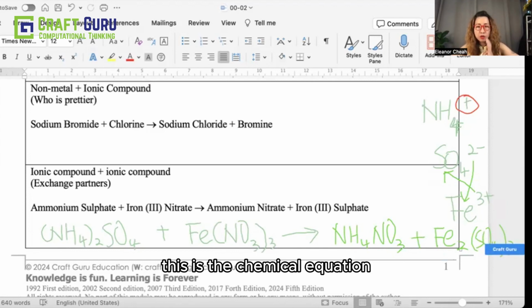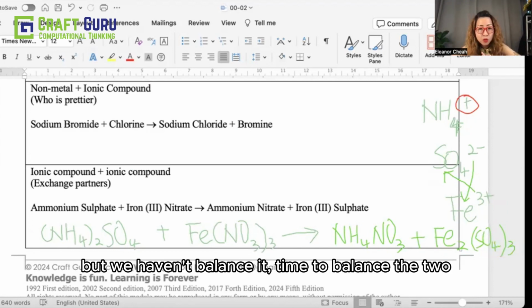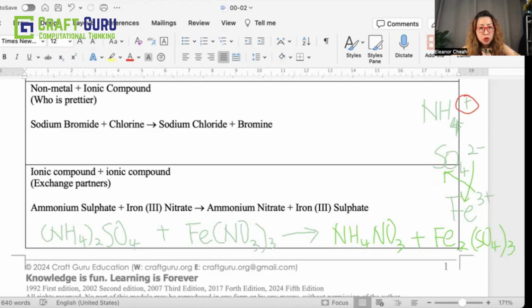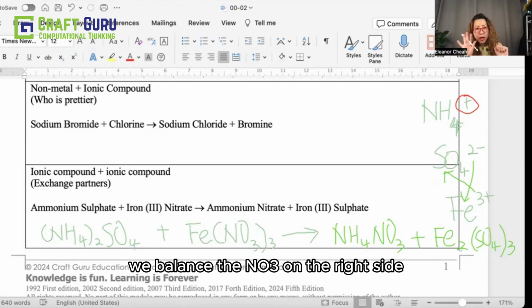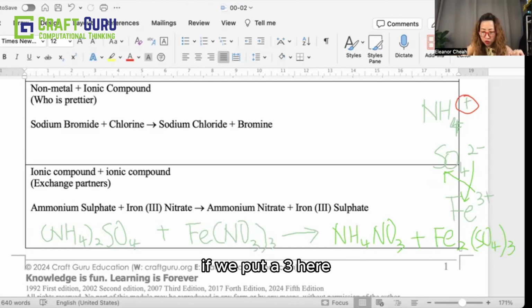This is the chemical equation, but we haven't balanced it. Time to balance the equation. The difficult part is NO3, we have 3 on the left side, so we balance the NO3 on the right side. If we put a 3 here, it will affect the ammonium.